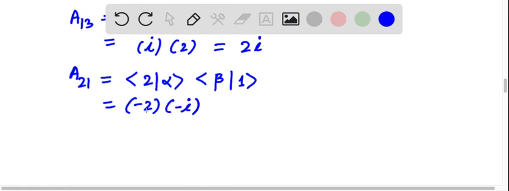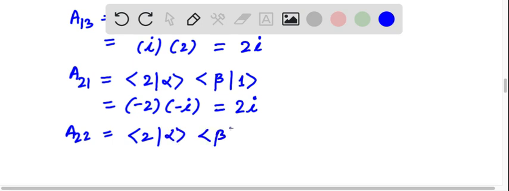Minus 2 times minus i, minus minus is plus, so it is plus 2i. A22 is equal to ⟨2|alpha⟩⟨beta|2⟩. Because the value of ⟨beta|2⟩ is 0, this is minus 2 times 0, which equals 0.